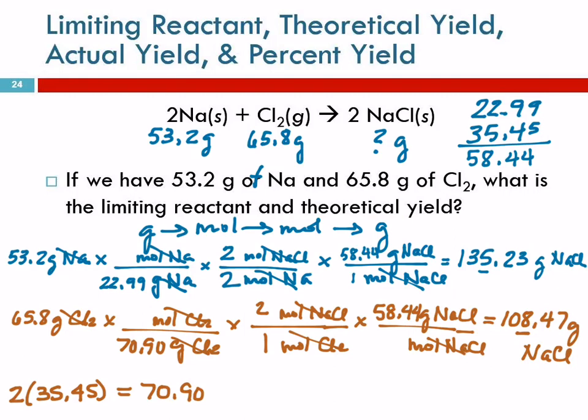Then you ask yourself, which of those answers is smaller? Well, the 108, right? So this is our theoretical yield. Well, let's neaten that up a little bit and round it off. Theoretical yield equals 108 grams with 3 significant figures.